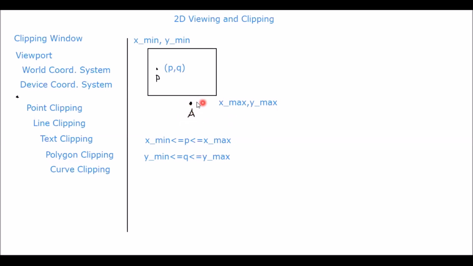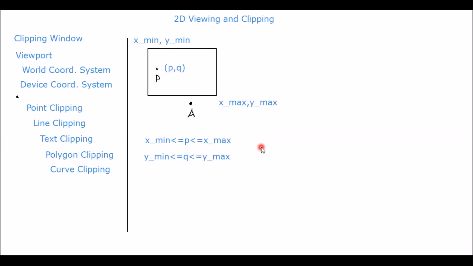So the value of y for A is greater than y max, and that's why it will not be visible. So point clipping is very simple. You just have to compare the values: the x coordinate within the range of x, and the y coordinate within the range of y. So that is about point clipping.